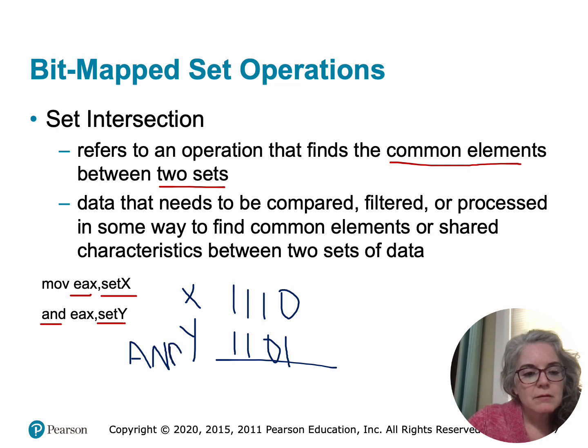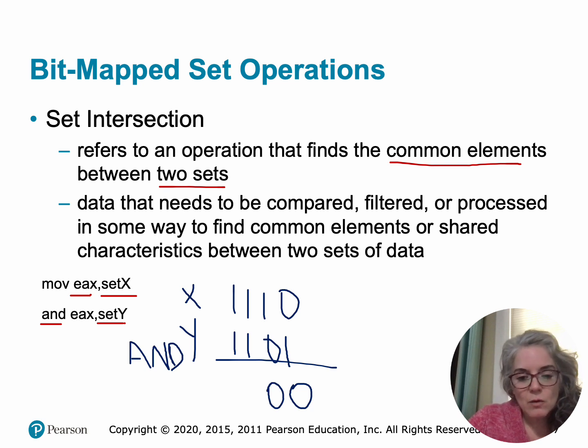Then our result is going to be: a 0 and a 1 is a 0. A 1 and a 0, true and a false, is false.